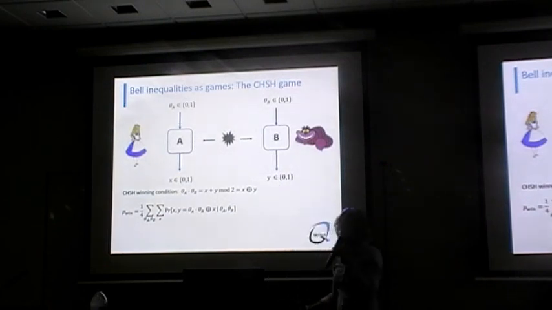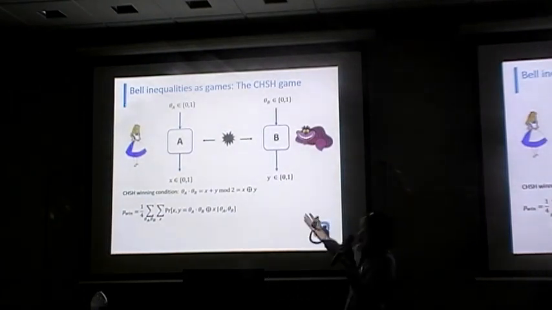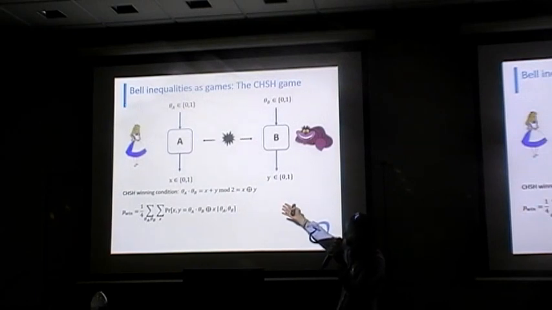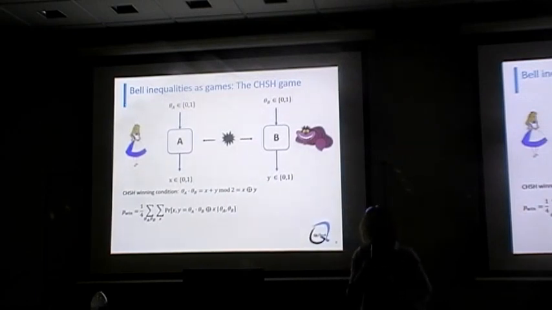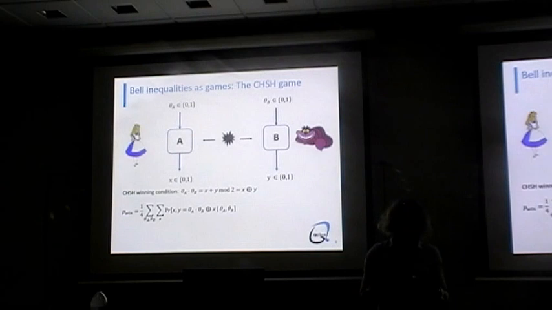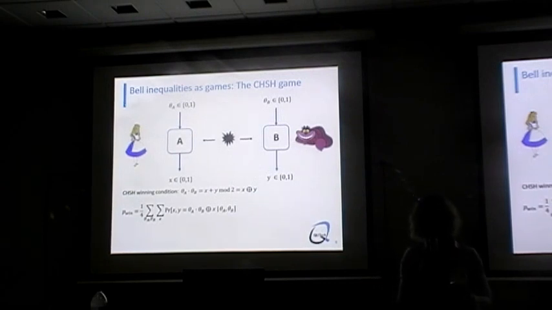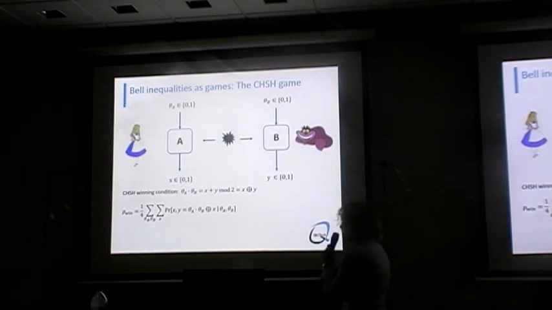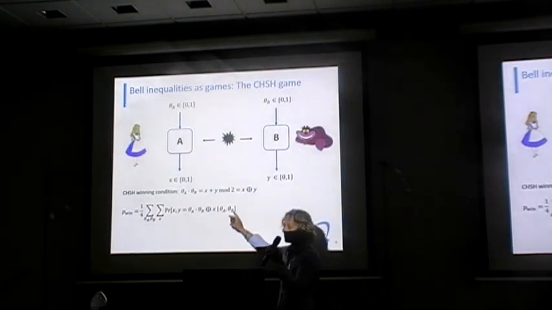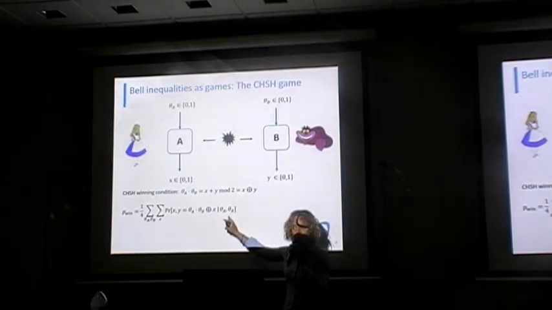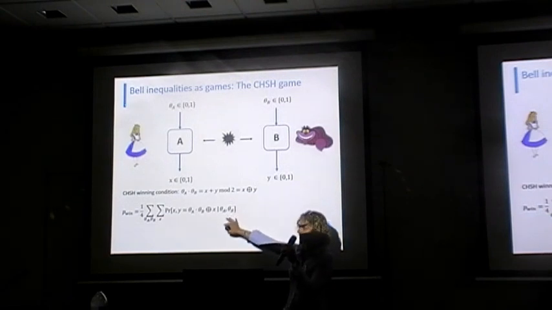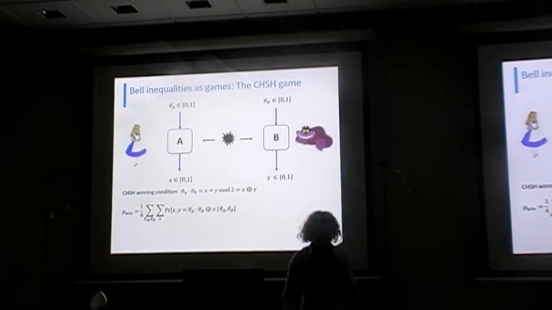Bob also sees what he got, and they can always conspire to give the right answer. So the first thing is that Alice and Bob should be separated, so they should not be able to communicate during the game, which means that certainly we would want this distribution to be no-signaling. This puts a constraint on the set of allowed distributions.